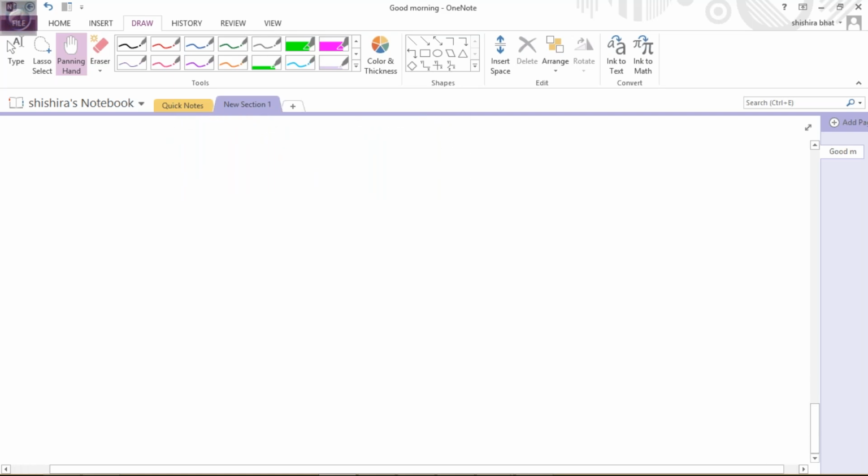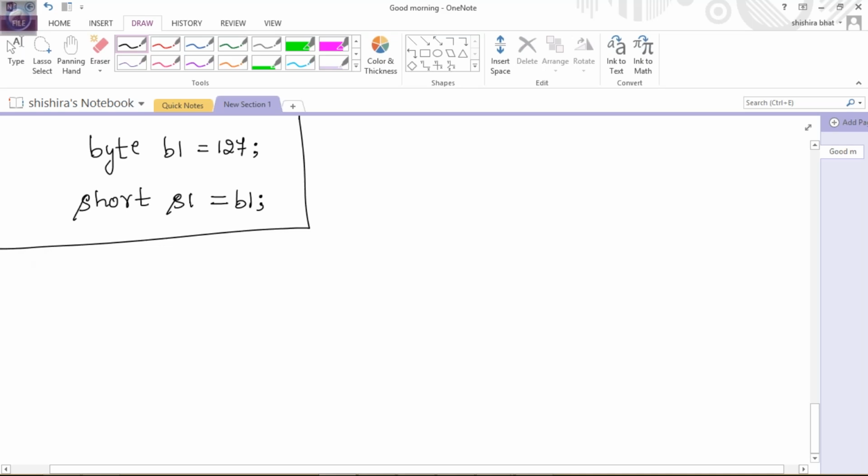Now everyone observe. Let's say I have something like this: byte b1 equal to 127. Next, short s1 equal to b1. This is your program. There are two ways of understanding it. Observe.